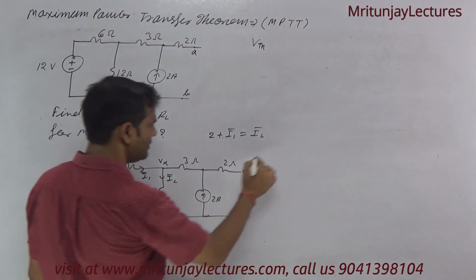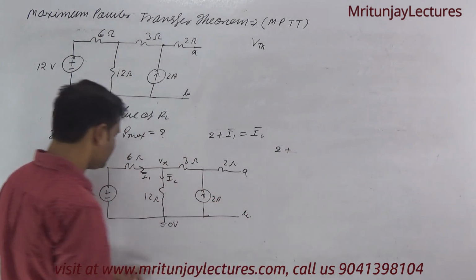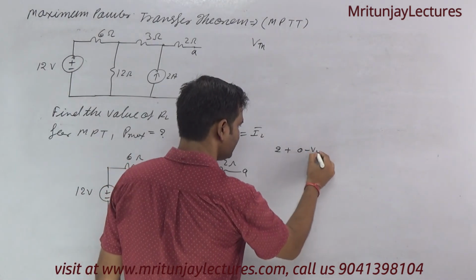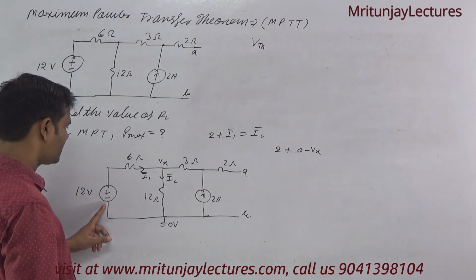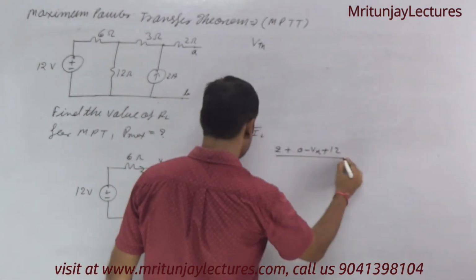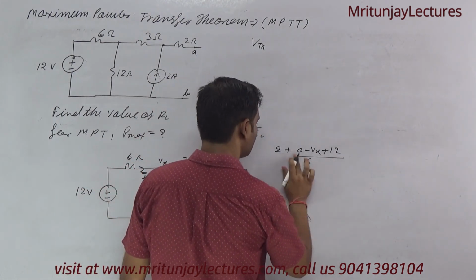So 2 plus I1, where I1 is (0 minus Vx plus 12) divided by 6, current from the positive terminal, that's why plus 12, whole divided by 6.